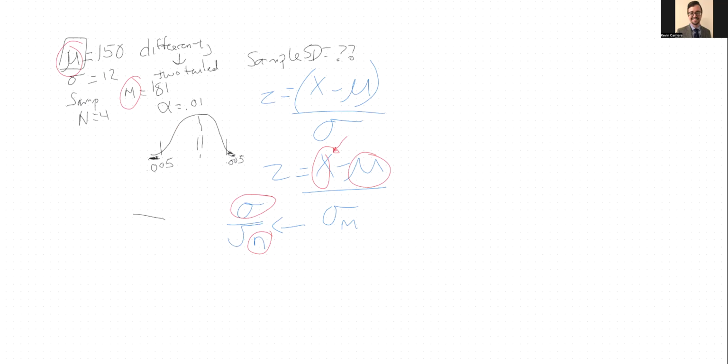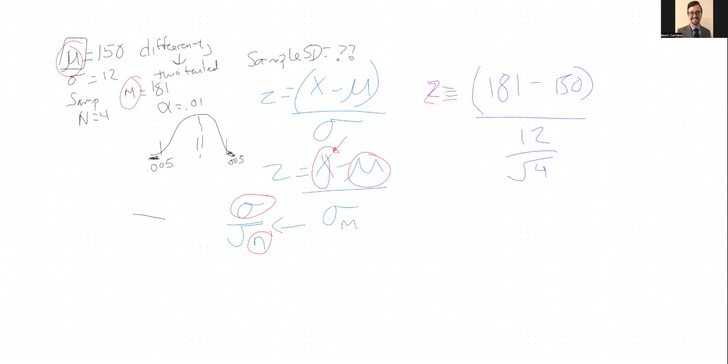Z equals X, which is 181, minus 150, divided by the standard deviation, which is 12 over the square root of n, which we know is 4.